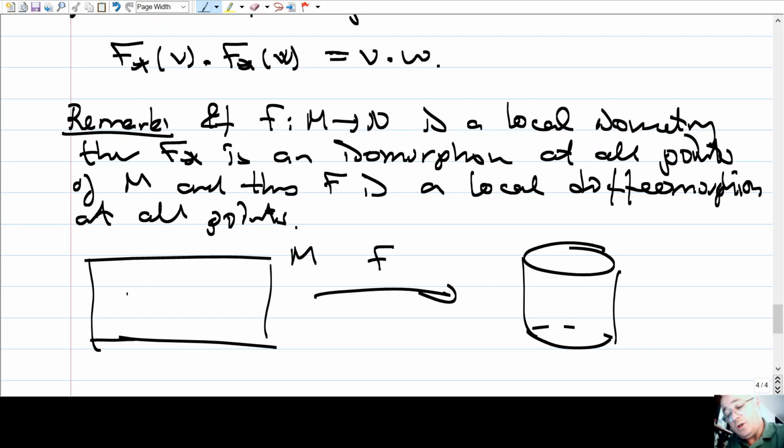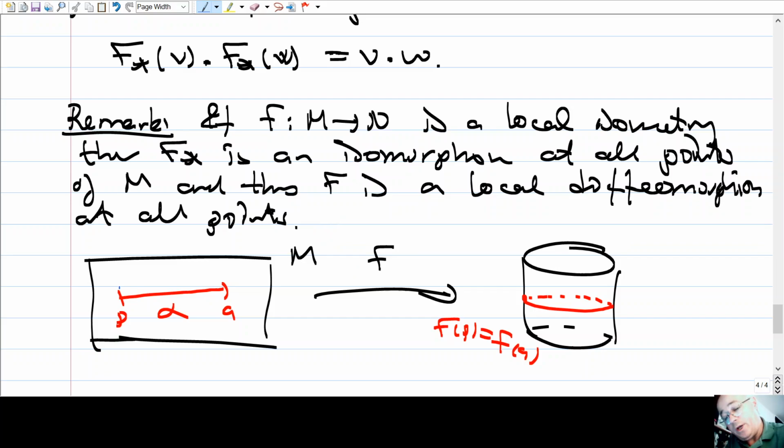Okay, so if you choose, for example, a curve like this, its image probably covers the whole thing. So let's say P, Q. So f of p might be equal to f of q. So it is not one-to-one, but it preserves dot products, and this tells us the following.